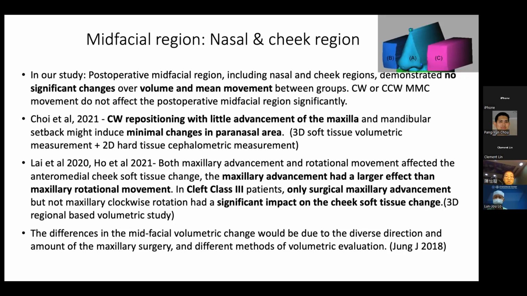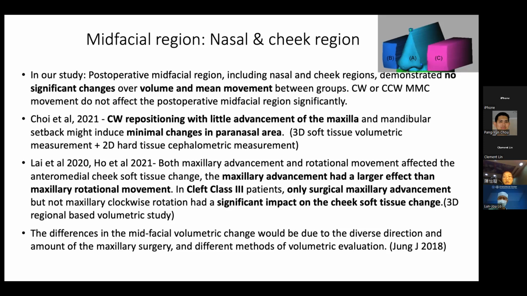And it is also supported by previous studies. Cho in 2021 also supported that clockwise repositioning with little advancement of the maxilla and mandibular setback might induce only minimal changes in the paranasal area.